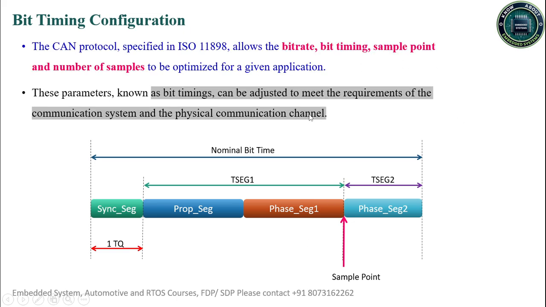So one thing is to achieve hard and soft synchronization, and one more important thing here is that CAN is an ISO certified protocol. Under this ISO certification, they have given different provisions or parameters that we can configure, like bit rate, bit timing, sample point, and the number of samples to be optimized.